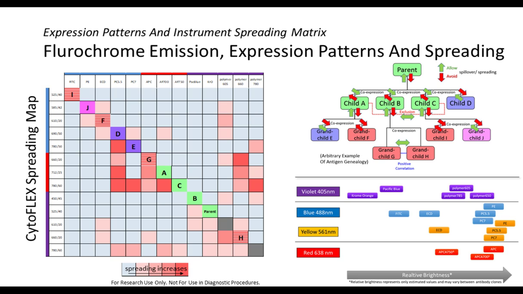So A would cause a lot of spreading in the channel where C is detected. However, as A and C do not occur on the same cell surface, we can make use of this biological feature in order to use a pairing of dyes that may not be used in a case where we would see co-expression of the dyes. So that is how this principle can work when we consider all features that we have touched upon.